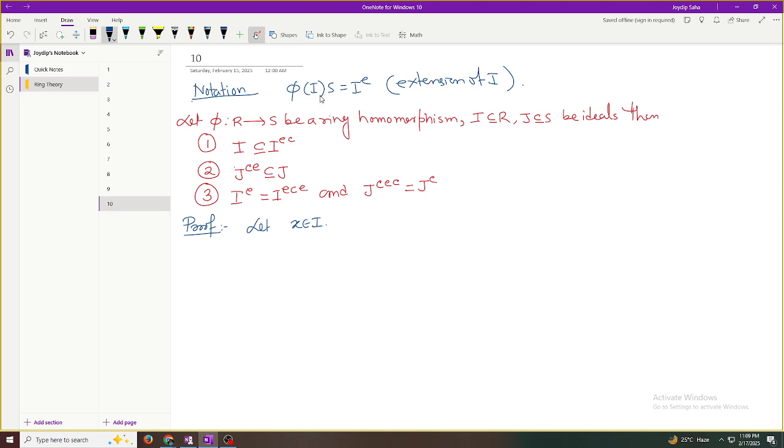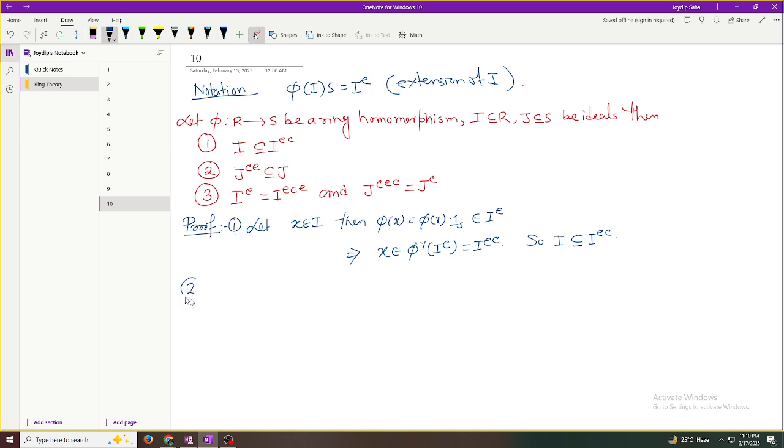Phi of I. Then phi x equals phi x times 1, which belongs to I extension. This implies x belongs to phi inverse of I extension, that is I extension contraction. This is a simple proof. So I is a subset of I extension contraction.